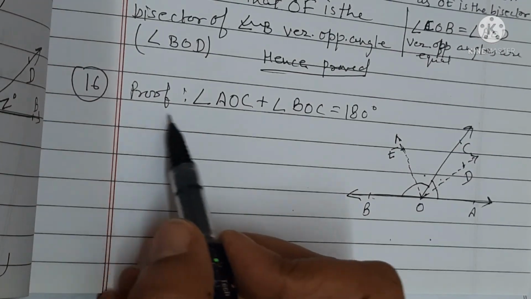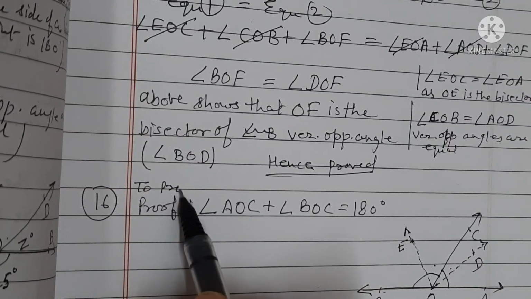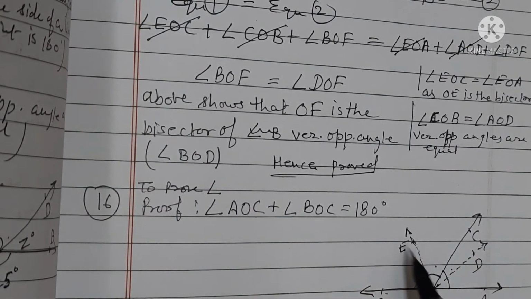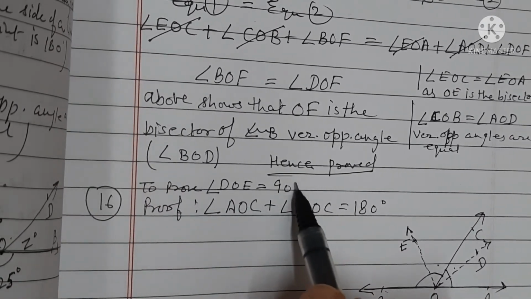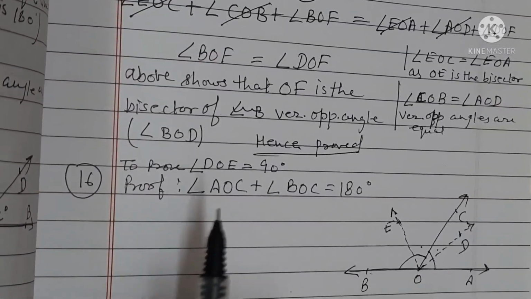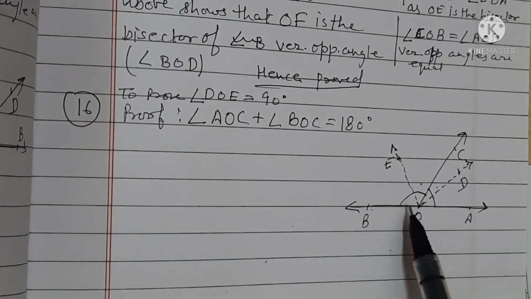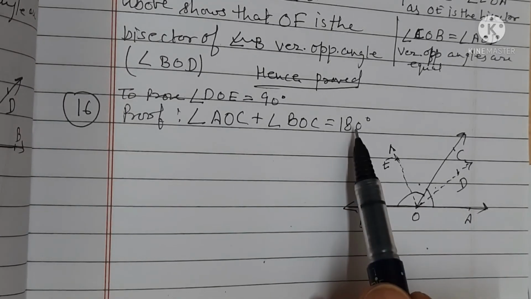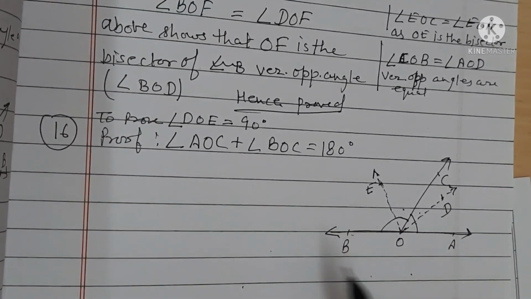So, to prove, here in the starting, we have to prove angle DOE is equal to 90 degrees. We have to prove this and start the proof. For the proof, we are using that the sum of adjacent angles on a straight line will be 180 degrees, and they form a linear pair.